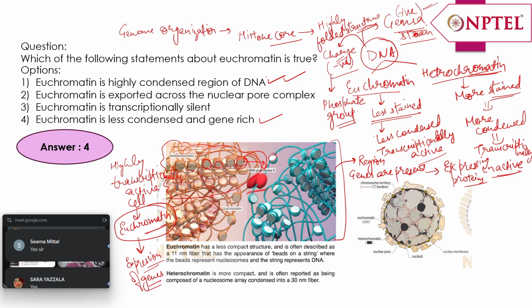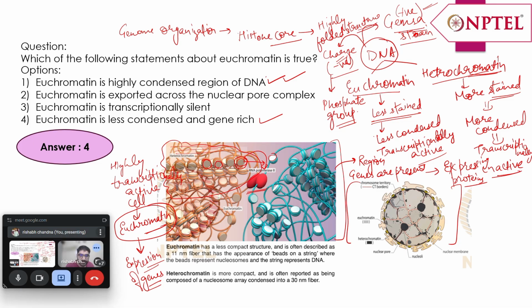Okay, so now in a cell, in a nucleus, for example here on the right side, there are two regions that are shown. This light gray region is actually the euchromatin region, and the black region that is near the nuclear membrane is heterochromatin.